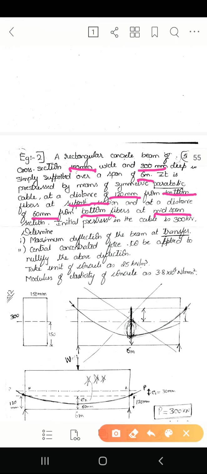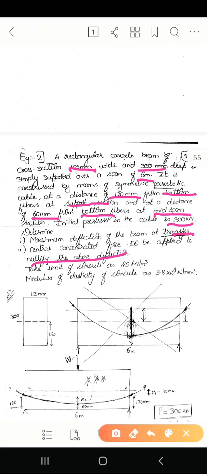Okay, and initial pre-stress in the cable is 300 kilonewton. P value they have given. So determine the maximum deflection of the beam at transfer condition. So it is due to pre-stress and due to dead load we need to calculate, and whatever deflection you get, maximum deflection, for that the second one is central concentrated force to be applied to nullify the above deflection.